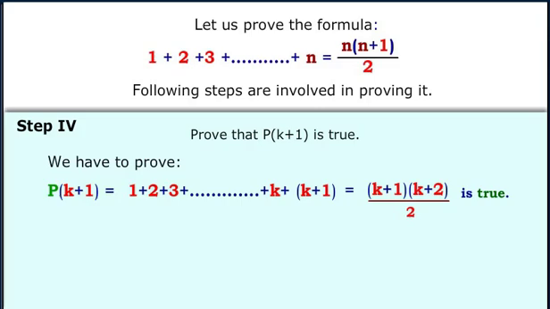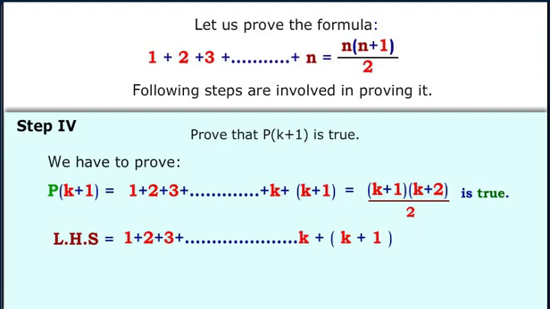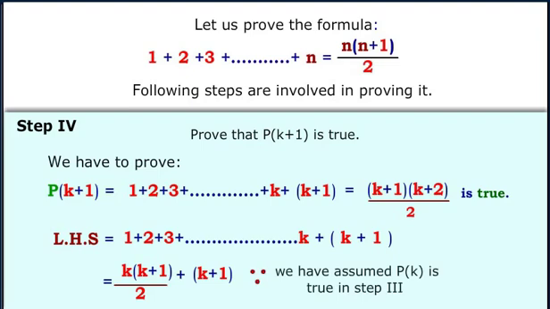Here, the left hand side is 1 plus 2 plus 3 plus up to k plus 1, which is equal to k into k plus 1 by 2 plus k plus 1, since we have assumed Pk is true in step 3.